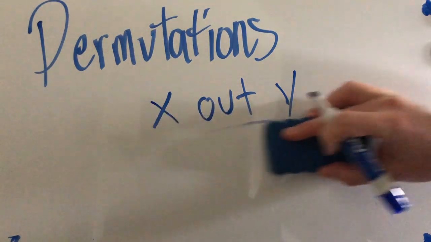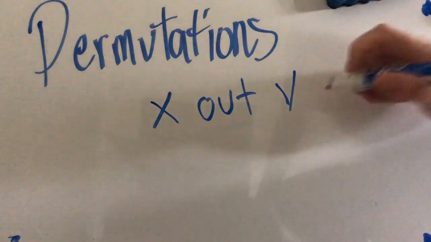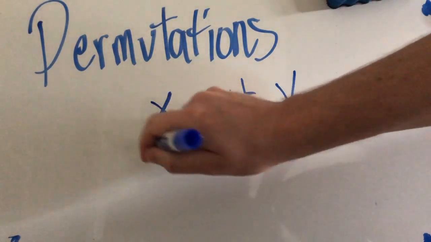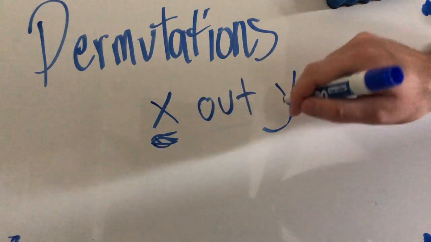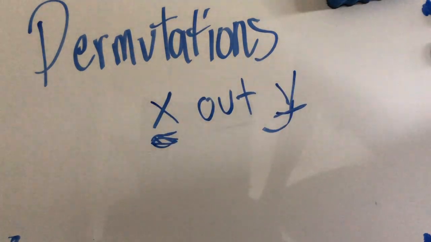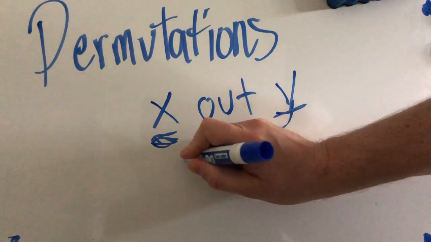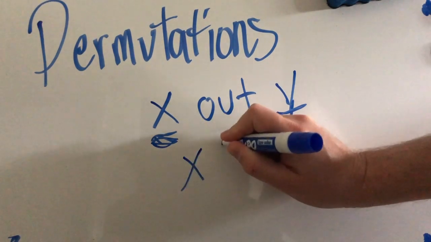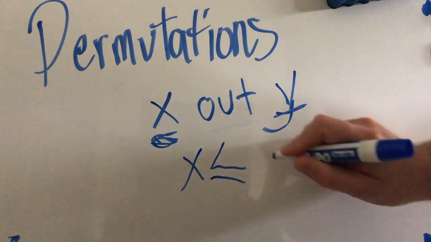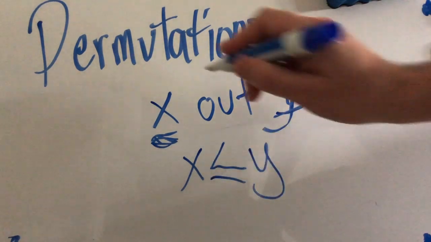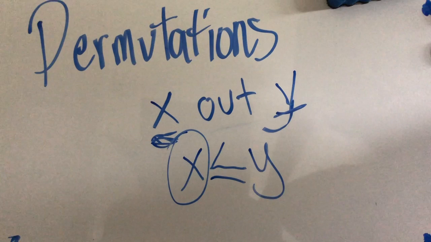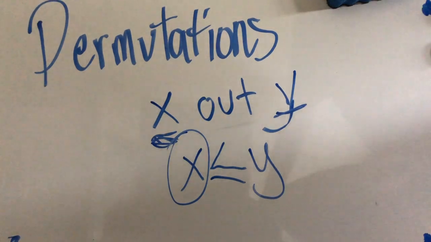So remember, for permutation, we're focusing on a number that is part of, or out of Y, out of a total number. So the focus here is X is less than or equal to Y. So this number X is smaller. So if I have 5 fruit, 2 of them are oranges, so 2 out of the 5, okay? It's out of that larger group.